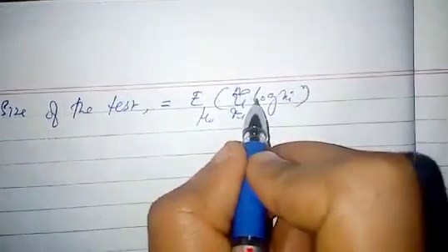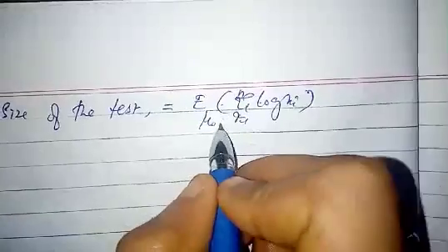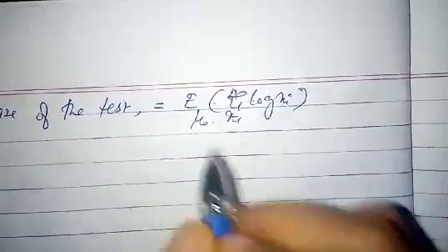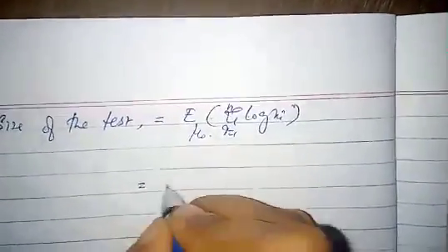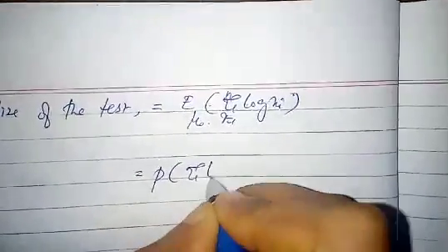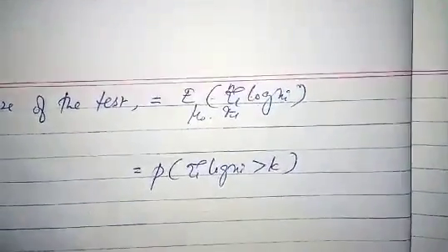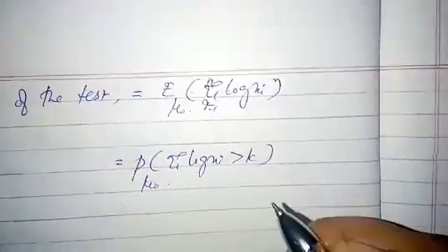And the expectation of summation log xi under mu naught is the same as the supremum of the expectation of summation log xi under H naught. So it is equal to the probability of summation log xi greater than k under mu naught.